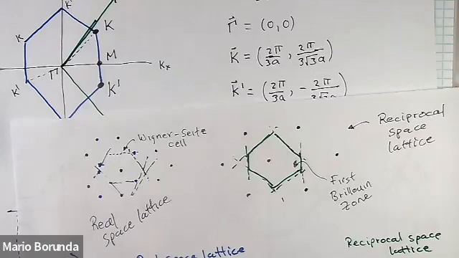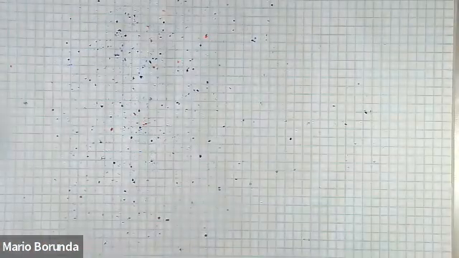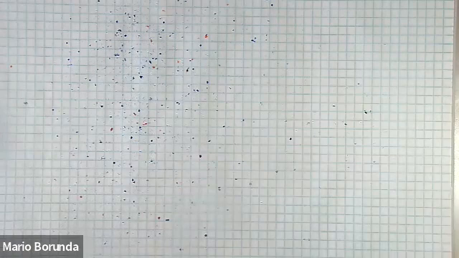If you take the FCC one, it would look like a BCC lattice in reciprocal space. So it doesn't look like a little FCC lattice. It looks like the body-centered cubic. And if you take the body-centered cubic, it looks like the FCC lattice in reciprocal space. So they're not one-to-one the same thing. I have just shown you the two-dimensional cases, but they're very similar things in 3 dimensions. And you would have a volume about those.